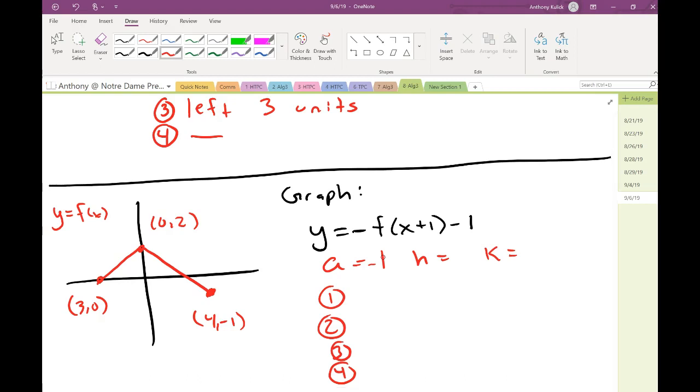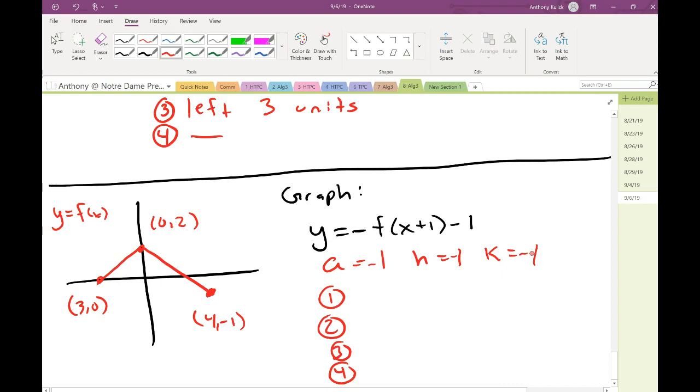If there's no number there in an addition or subtraction problem, what number is it? 0. Okay, so if you don't see an a, it's a 1. If you don't see an h or a k, it's 0. Everybody's okay with that? Okay, what is our h in this case? -1. Very good. And our k? Also -1.